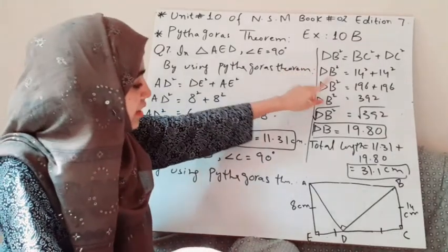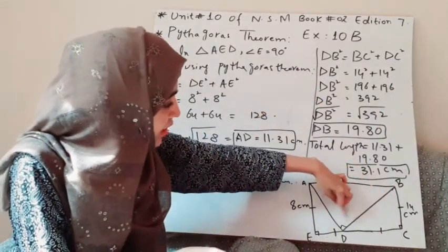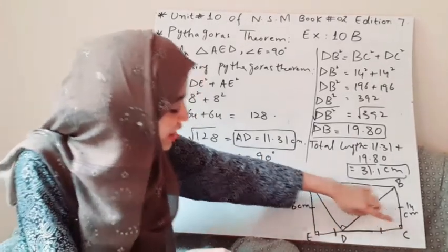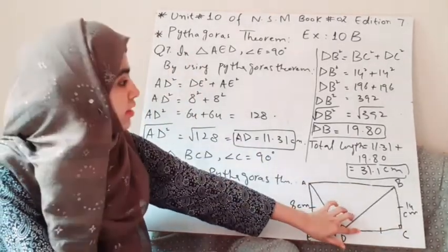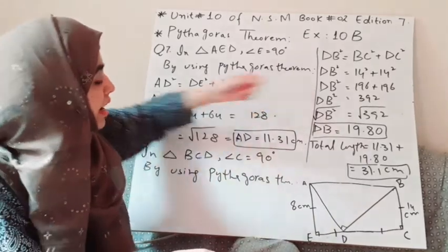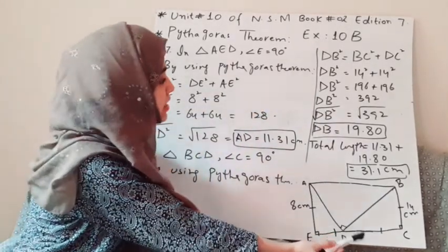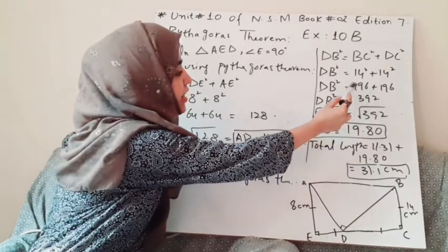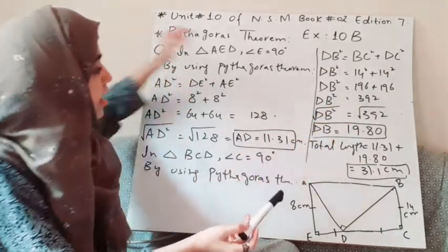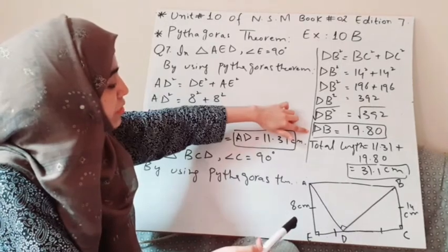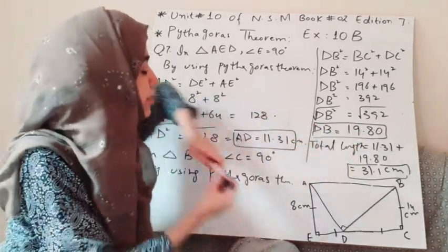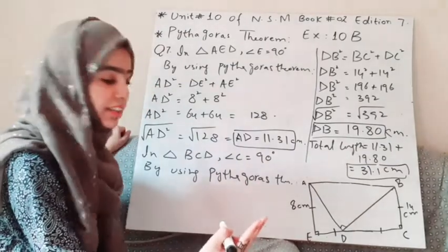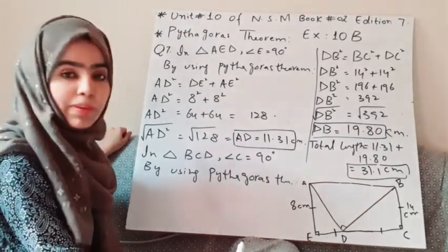After putting it, BC is given 14, and DC is of same length, 14, isosceles triangle property, which is given in the question. After putting it, it will be 392 after adding 14 squares, and then DB equals 19.80 centimeters. So we have found the two side lengths where we have to apply the glue.